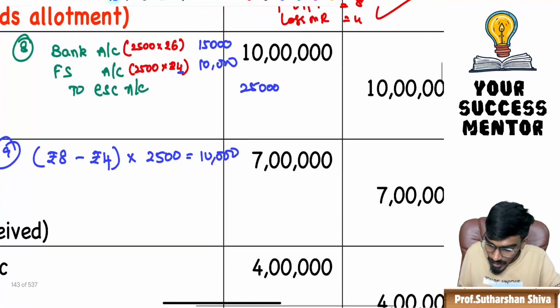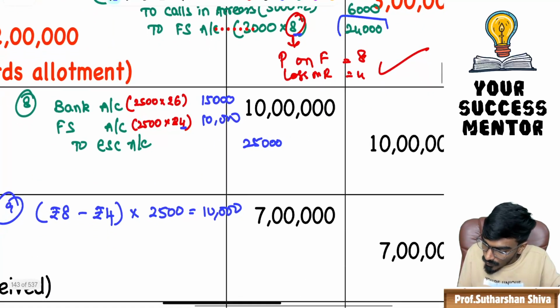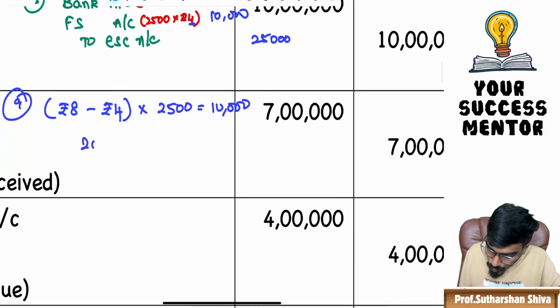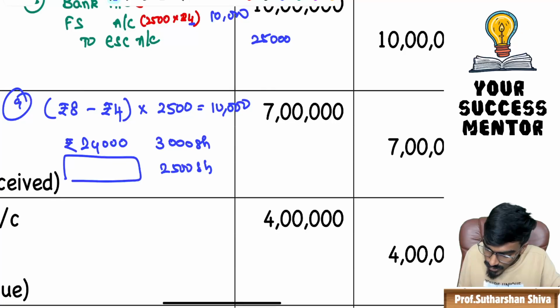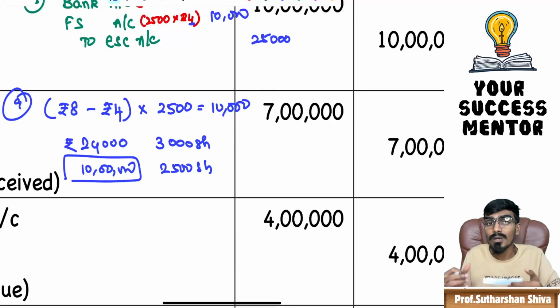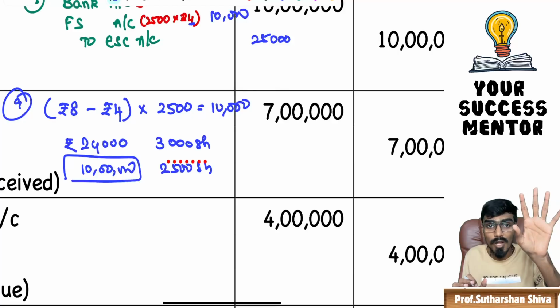Or alternatively, we can take the full value. 24,000 rupees is for 3,000 shares. How much is for 2,500 shares? Then we'll go for a reversal process. At that time also we'll be getting 10,000. Whatever method you are comfortable with, take. What is profit on forfeiture?